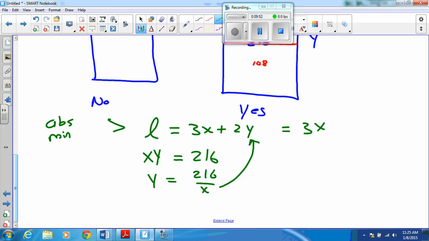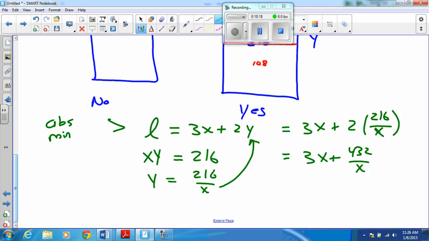And when I do, that's 432 over x, just like this. And this is now the length function that I have for the total amount of fence based on just the variable x.